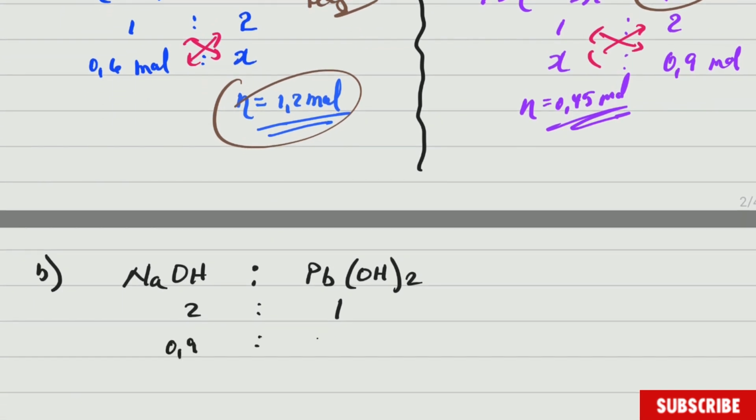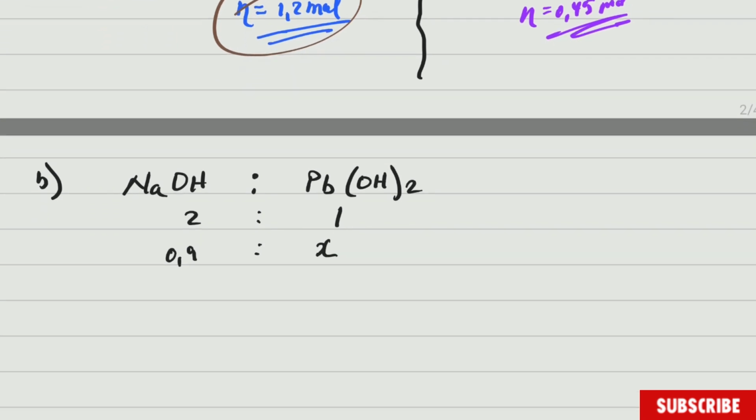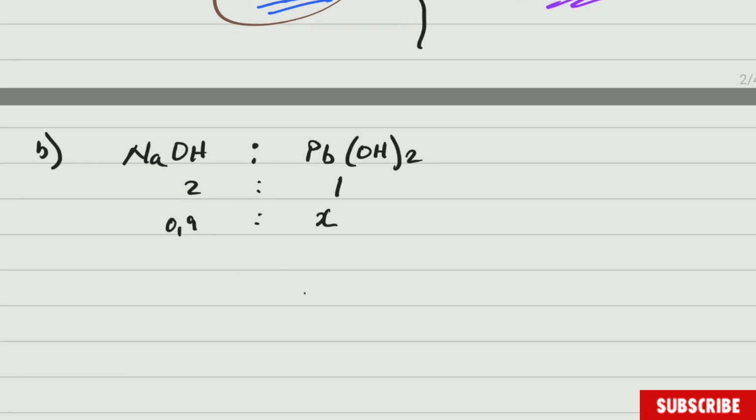Therefore, the number of mole of lead 2 hydroxide is 0.9 divided by 2, which is 0.45 mole.